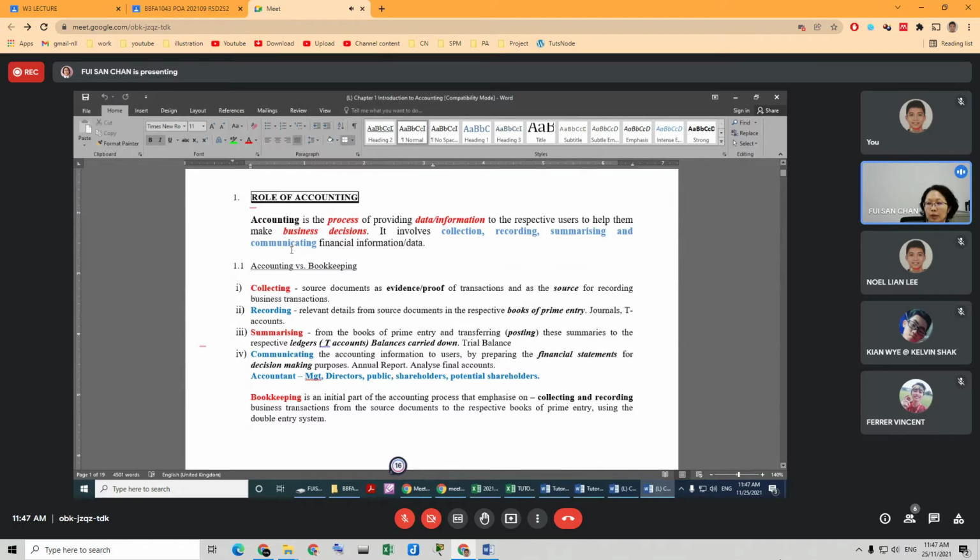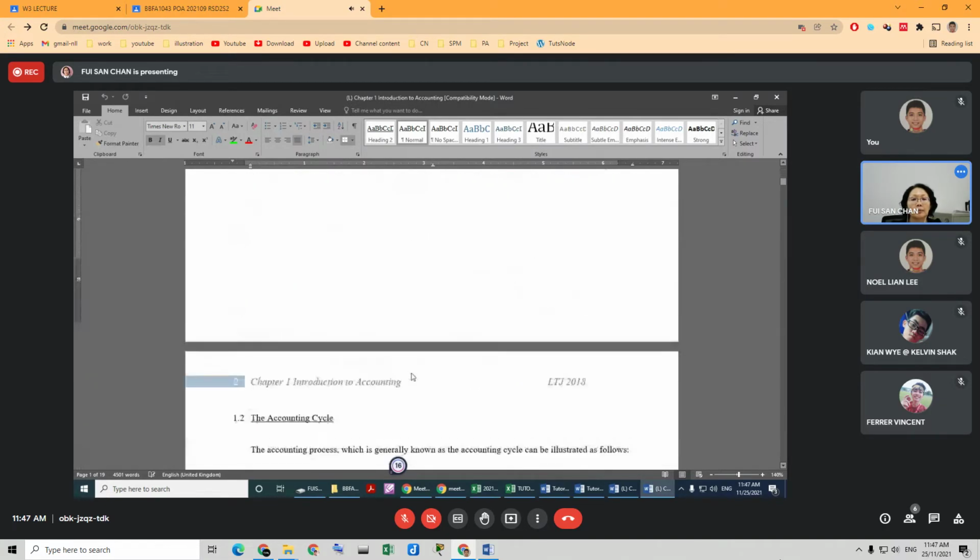Communicate means you come up with the SOPL and SOFP, that is the end product. Bookkeeping, you only collect and record. It's simpler. You don't have to do a summary or come up with the financial statements to communicate with other parties.